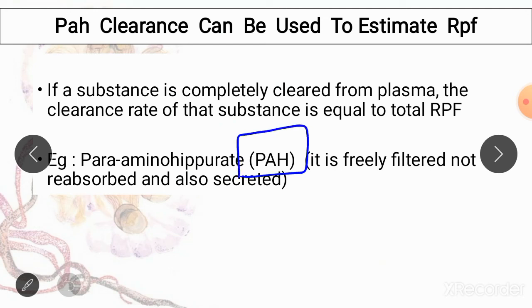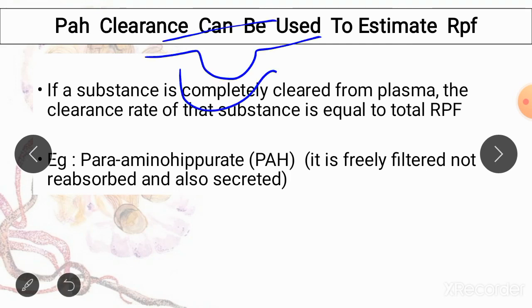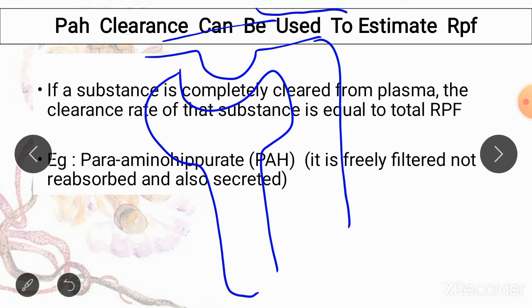PAH is very unique and very important in that it is freely filtered and it is not reabsorbed from the nephron back into the peritubular capillaries. In fact, it is secreted from the peritubular capillaries into the nephron. So here we have the glomerular capillaries and the Bowman's capsule and the nephron, and your efferent arteriole then forms your peritubular capillaries.